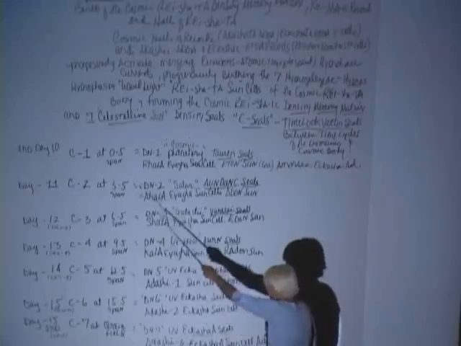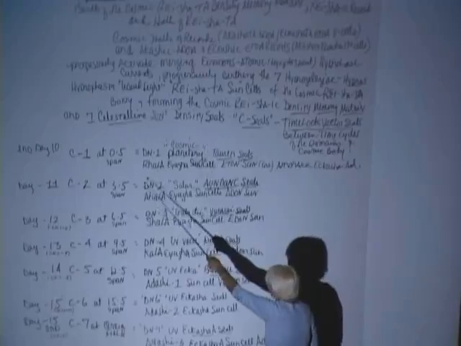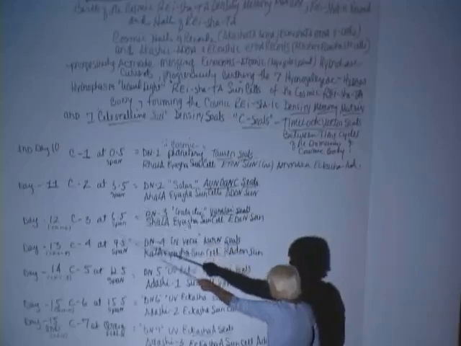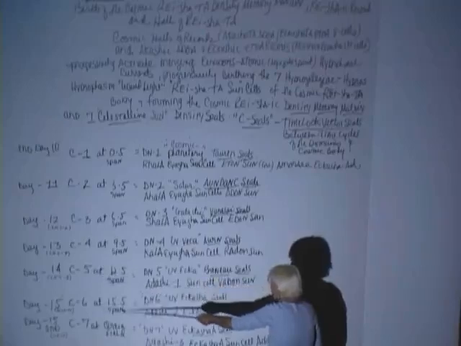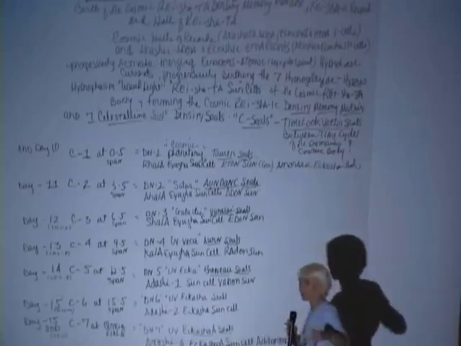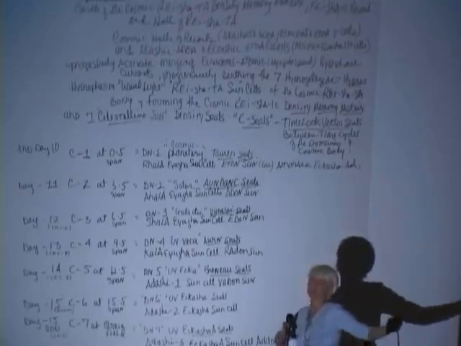So the C1, or the seal or sun 1, is at 0.5 span, C2 at 3.5, C3 at 6.5, C4 at 9.5, C5 at 12.5, C6 at 15.5, and C7 is in the Urea field, all the way out around past where the Lumeridana stops, and you enter source consciousness field directly.